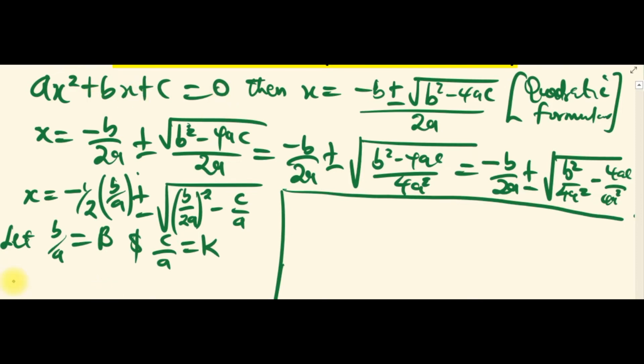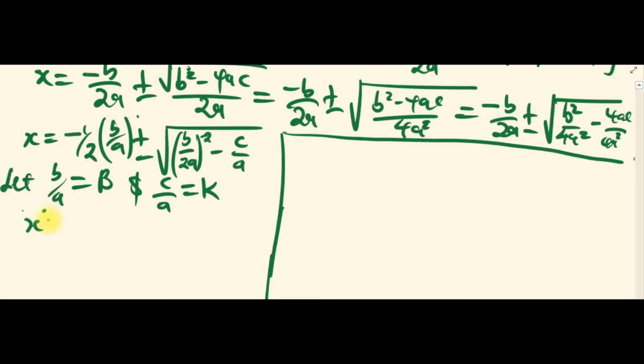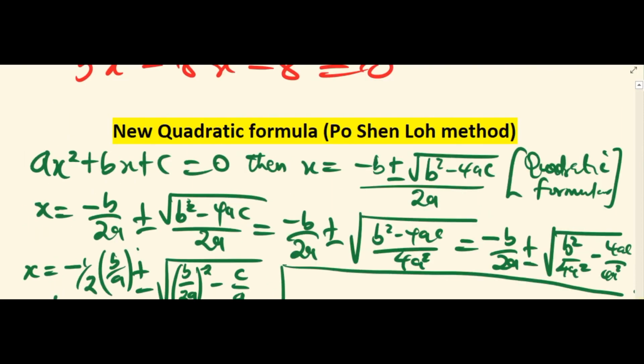You now see that we can still write it, dividing both sides by a, as x squared plus b over a x plus c over a equal to 0. I divided both sides of the quadratic equation by a, so they are the same.